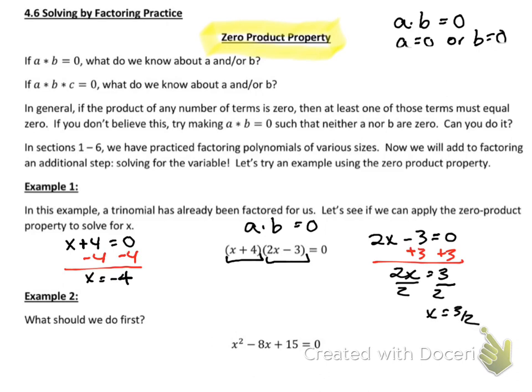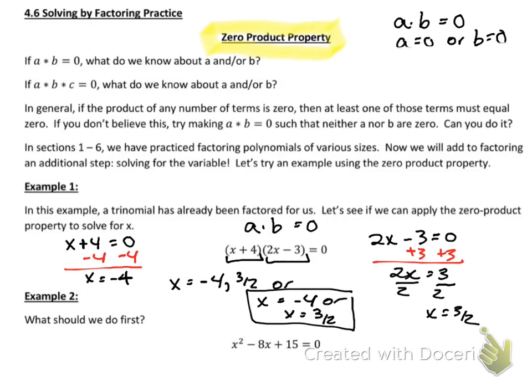So these are two solutions, and we can write it like this: x equals -4, comma 3/2, or we could just say x is equal to -4 or x equals 3/2. One of these two statements has to be true. That's the only way to satisfy that equation.